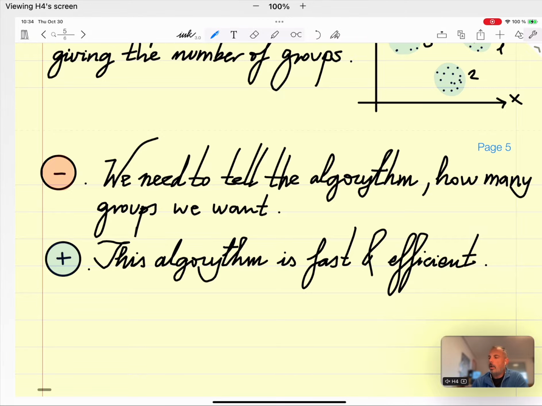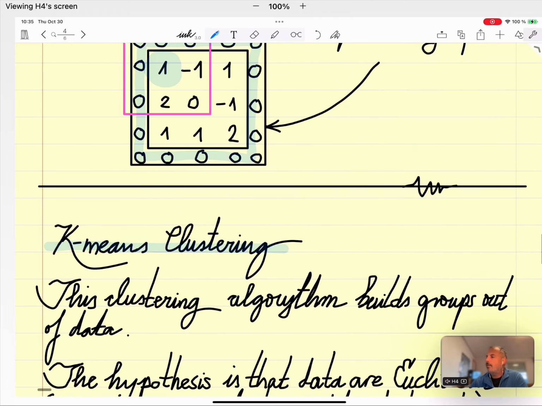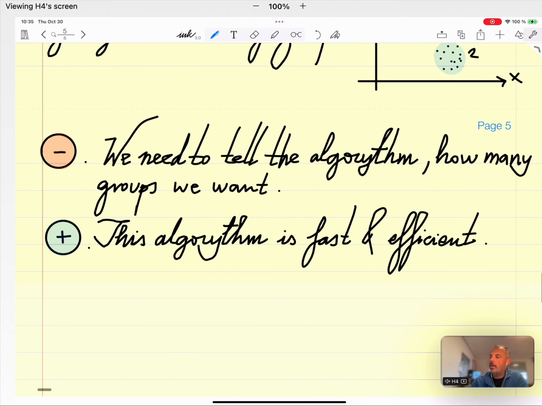So how does it look like? This is our first, if you want, first machine learning. We will look at more machine learning algorithms here. And yeah, so it's kind of fun.